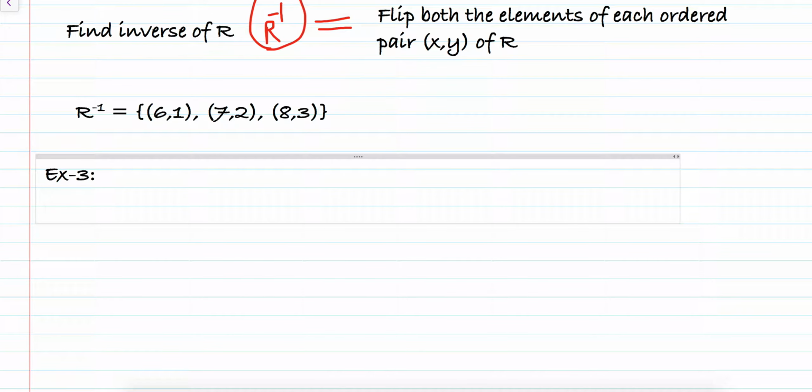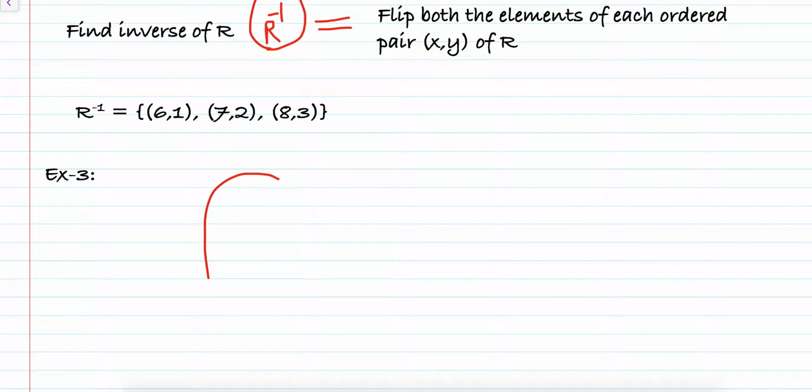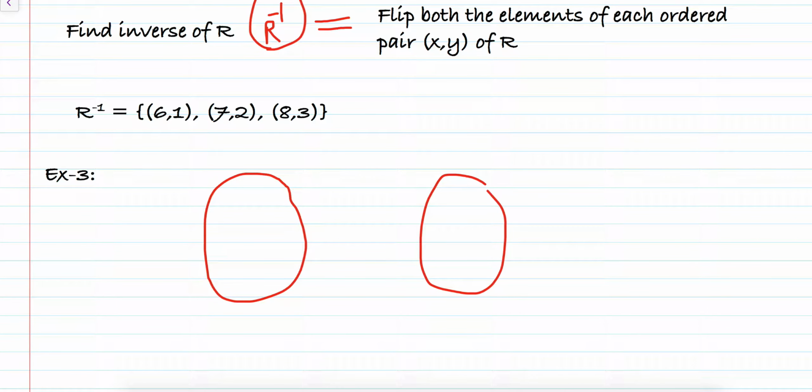Suppose we are given one arrow diagram. It has elements 5, 6 and 7.